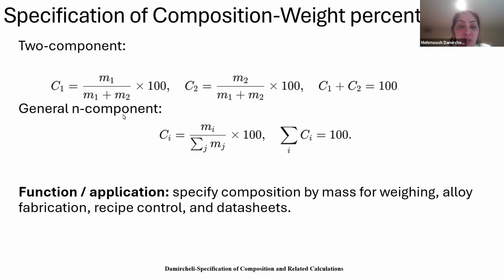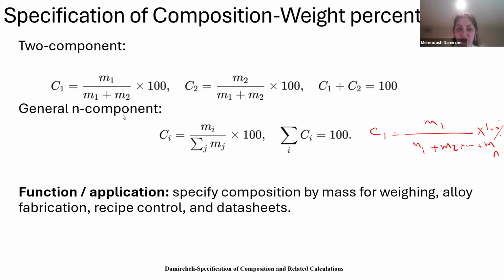But if we have more than two elements, we use this. For example, if we have n elements, C1 should be M1 over M1 plus M2 up to Mn, times 100%. Okay? And the summation of all Ci should be 100.